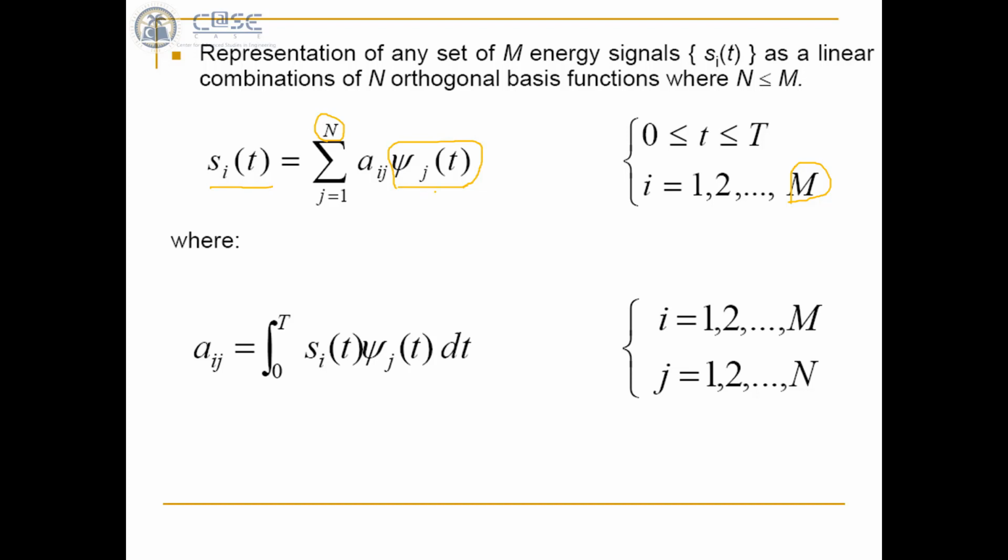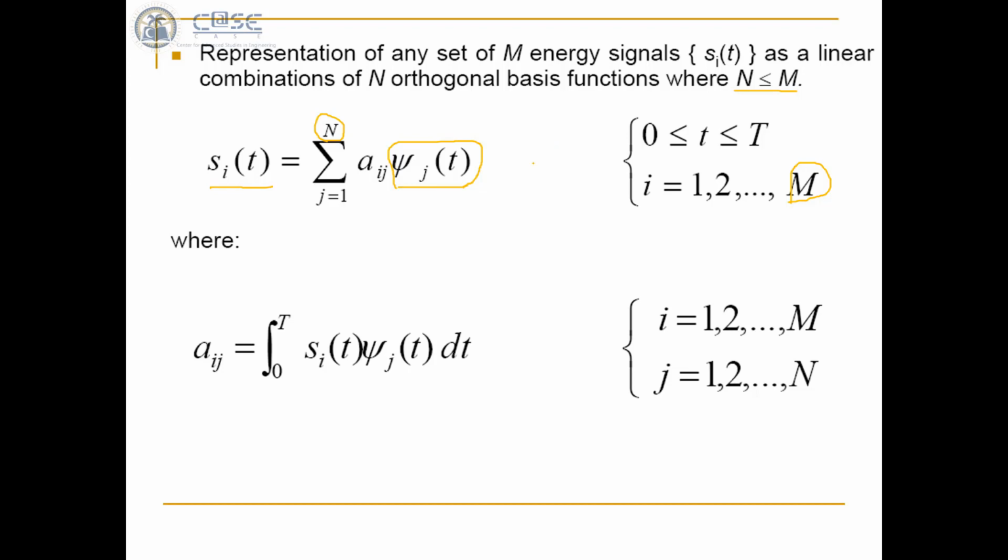So normally we have capital N less than or equal to capital M. That is, the number of basis functions capital N is always less than or equal to the number of possible signal types M, right? So assume we have 32 possible signal types M and we end up getting only 4 basis functions, that is capital N is equal to 4.